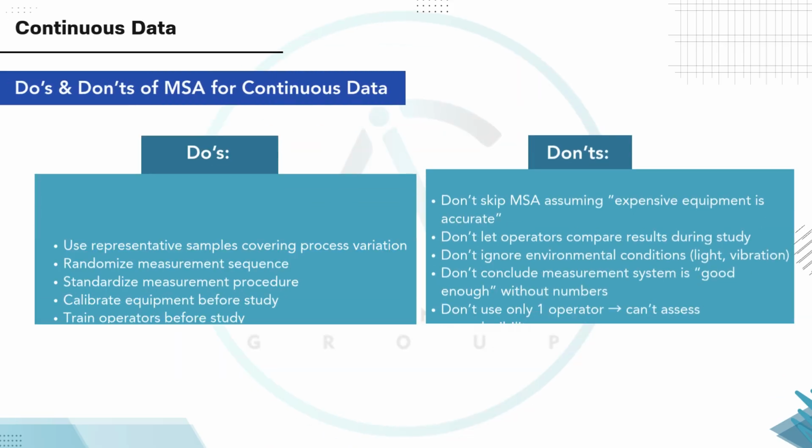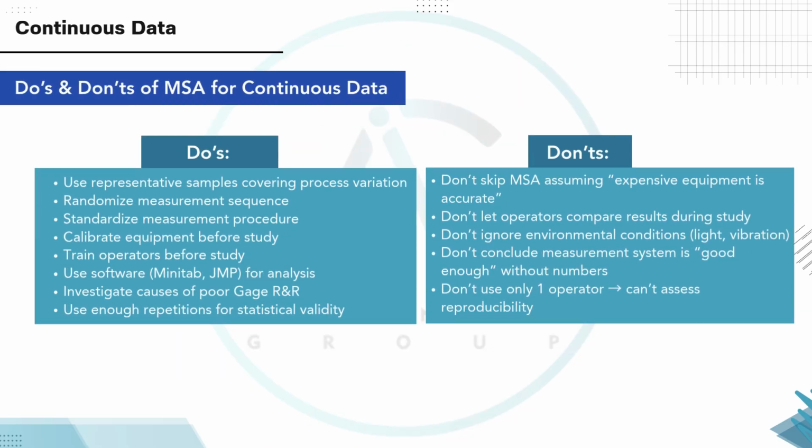Now let's talk about some key do's and don'ts when conducting a measurement system analysis, or MSA, specifically for continuous data. Starting with the do's. Always use representative samples that cover the full range of process variation to ensure your results are valid.